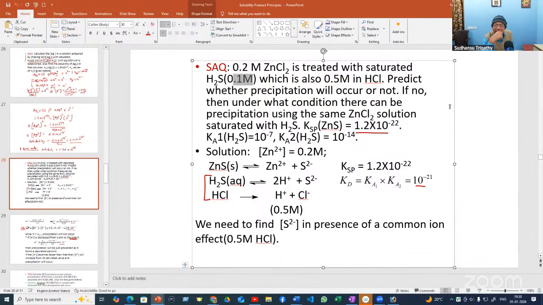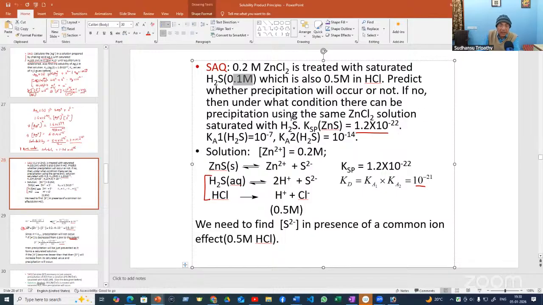So if you want to prevent the precipitation of zinc sulfide, cobalt sulfide, manganese sulfide, nickel sulfide, this group 4 sulfide, you have to somehow reduce the sulfide ion concentration, which will be good enough for the precipitation of group 2 sulfides, but not good enough for the precipitation of group 4 sulfides. So that has been perhaps done.